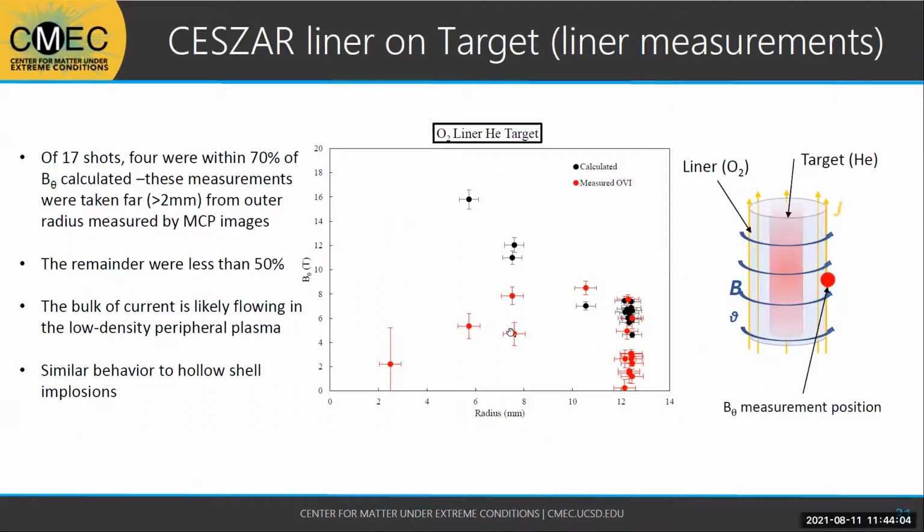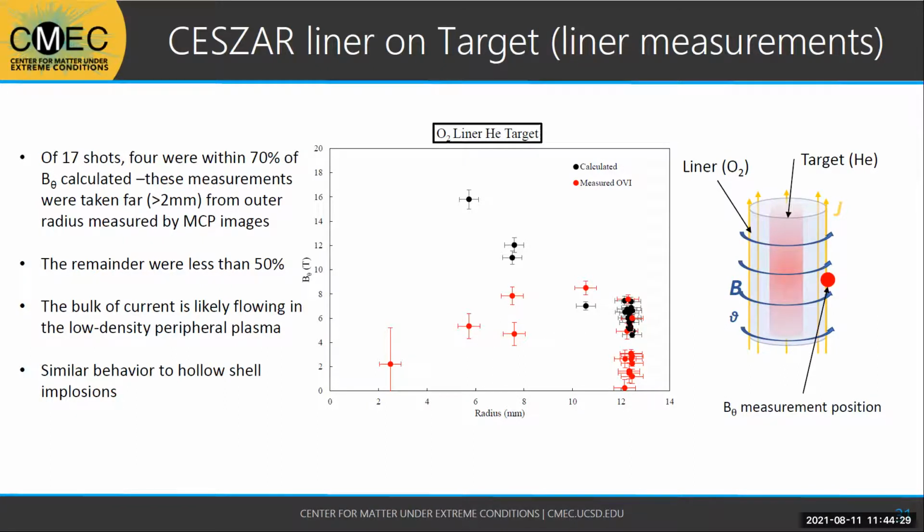So onto the liner on target data. This data is showing the oxygen liner imploding onto the helium target. And we made measurements, of course, at the outer edge of the oxygen. This did provide a few measurements where we did capture Ampere's law, but the vast majority of them were below that.